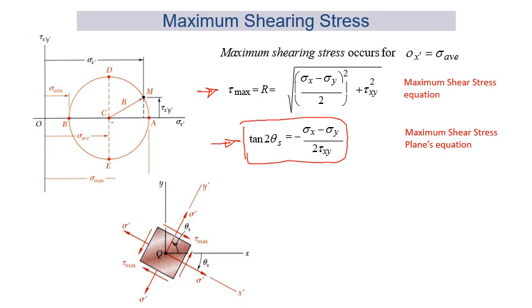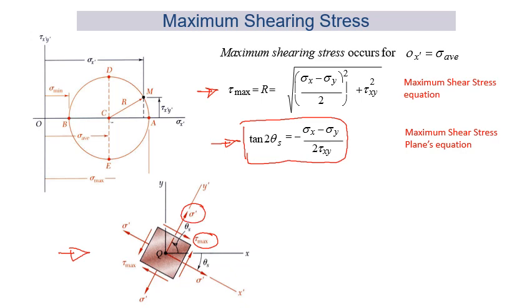So this diagram at the bottom here gives you the stress element, how it should look when you have tau max. So tau max is the maximum shear stress, but on the plane itself, you also have normal stress.